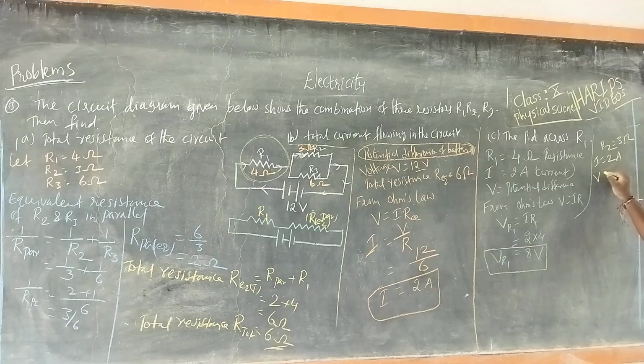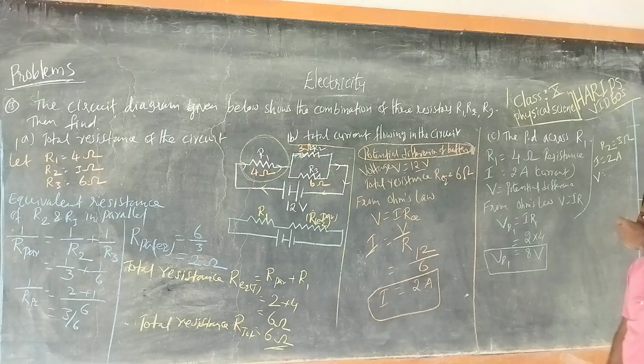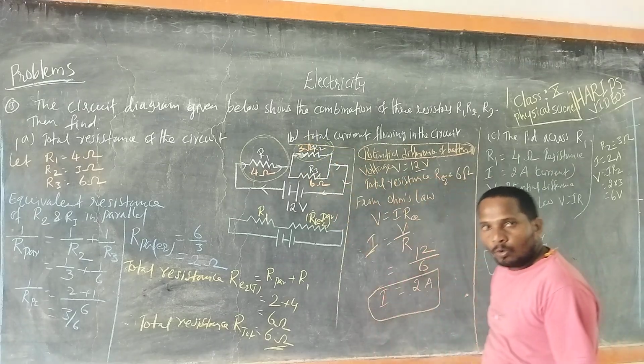So the potential difference across R2 we can write as IR2, that is equal to 2 into 3, which is 6 volts. So the potential difference of R2 is 6 volts.